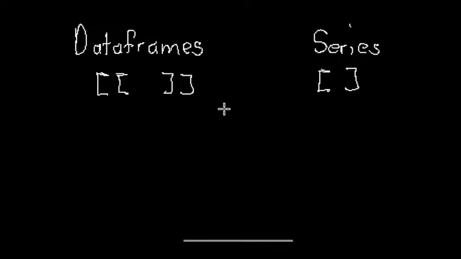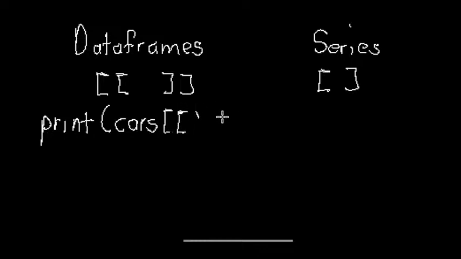So for example, you want to say print cars, but I assume you would also want to create a new variable where you choose specific columns to create a data frame within the data frame, if that makes sense. And then remember, we're using double square brackets, whatever the name is of your column.